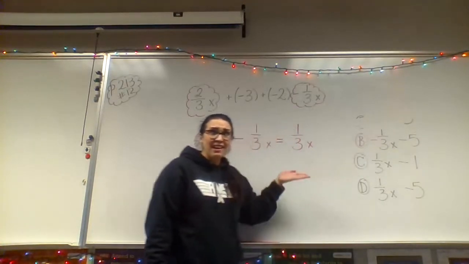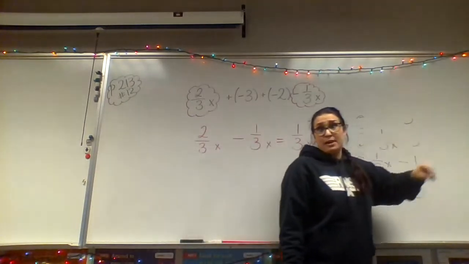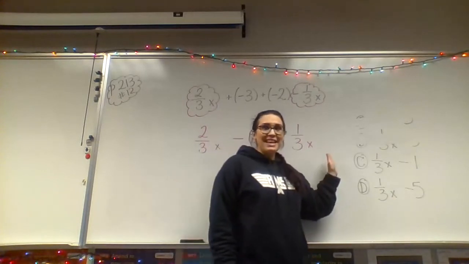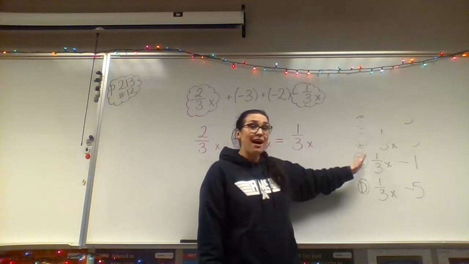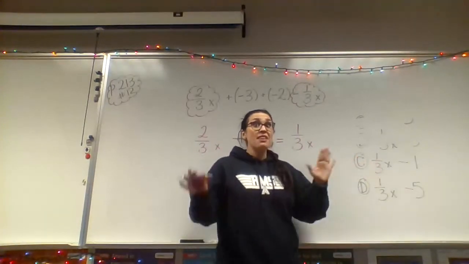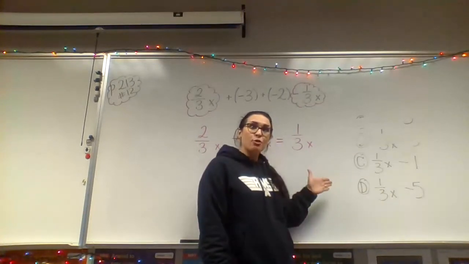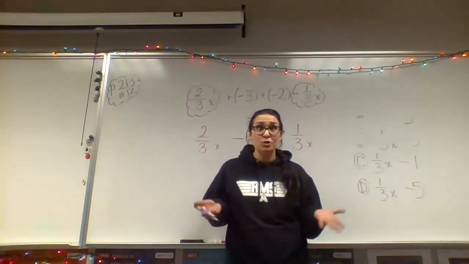And again, we know it's supposed to be positive. So that means B, you're not even close, right? All right, so now we have C and D, and both of these options have that positive 1/3 x. That's telling me I'm in the right spot, right? I'm doing well, and it's either going to be C or D. But how do I determine which one is the right answer?